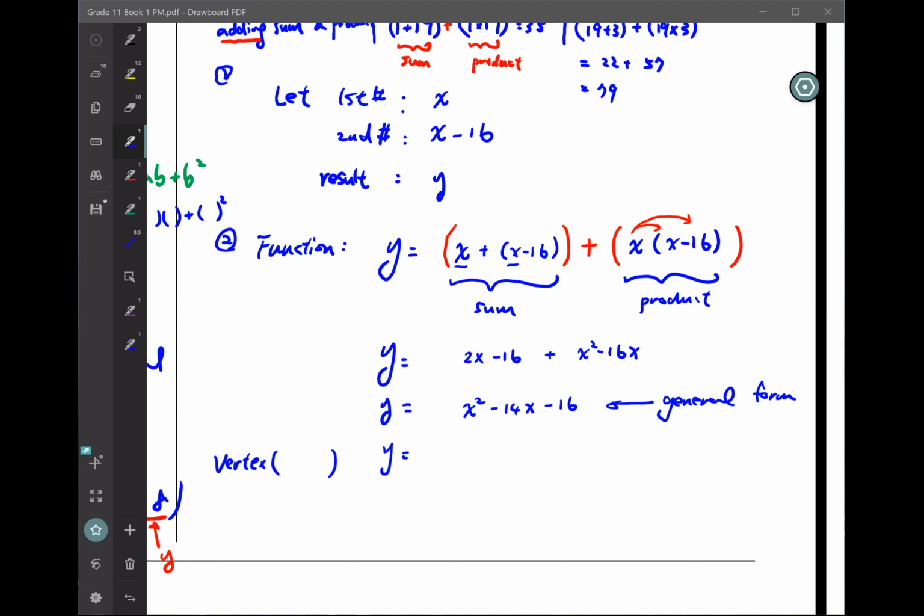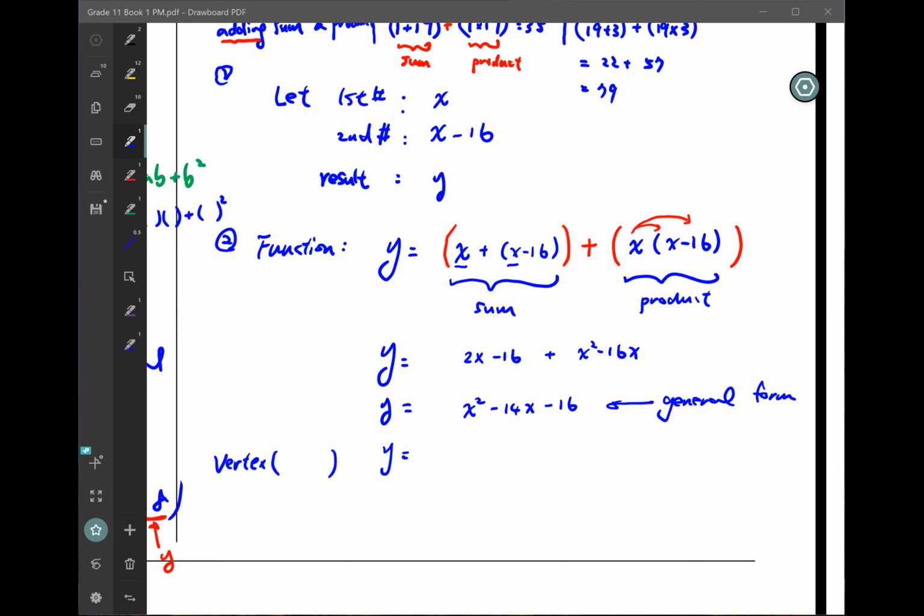I got, wait, I'm still kind of confused. Okay, which part are you confused about? Wait, so it'd be y equals, on putting the standard, how to turn into standard? Do you want me to do it step by step? Yeah, you tell me what step you did.